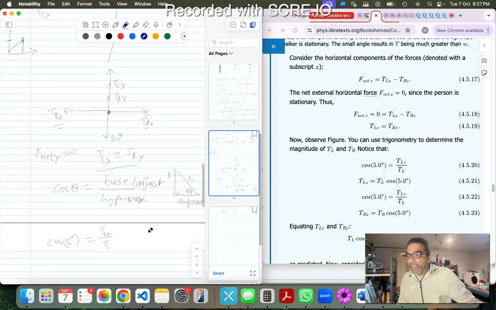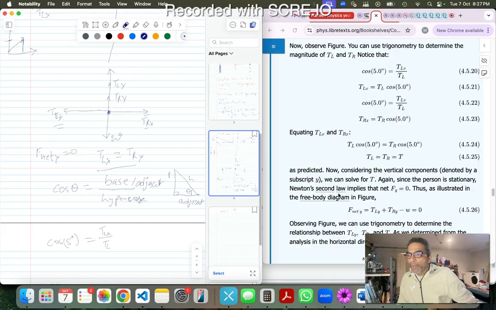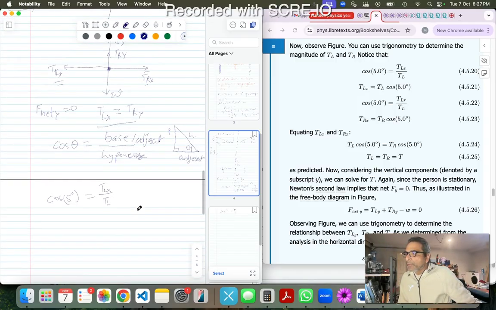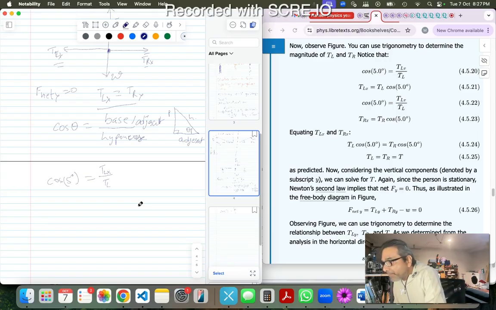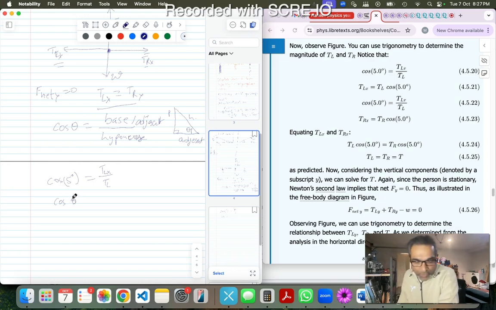Similarly, if I'm saying RX, cos 5 is also equal to TRX over TR, right?